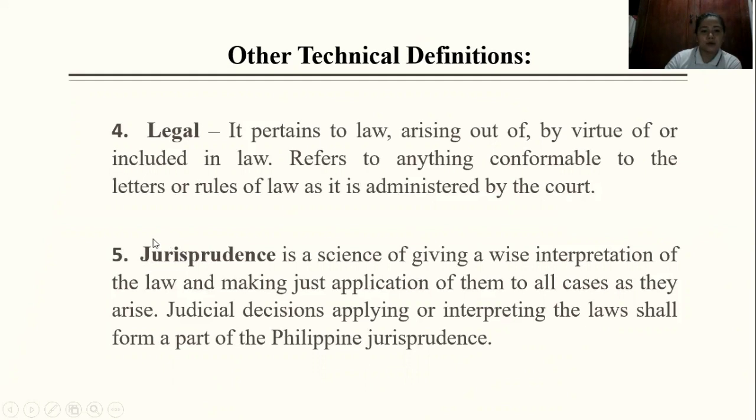From the word jus or juris, a Latin word meaning law, and prudentia, a Latin word referring to knowledge, jurisprudence means having knowledge of law. So, having knowledge of law or wise interpretation of law for the purpose of application to all cases.